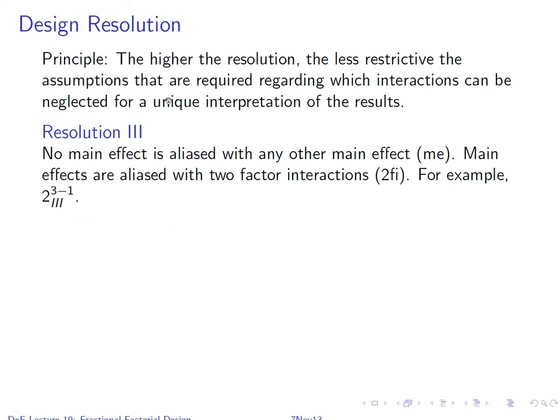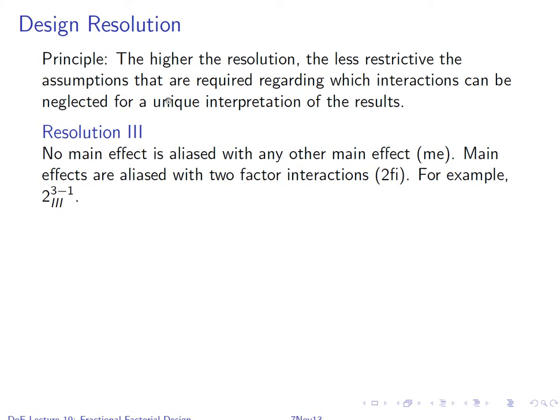So there's an additional piece of notation that we use in the field, in the design of experiments, to describe which factor interactions are aliased and which are not.